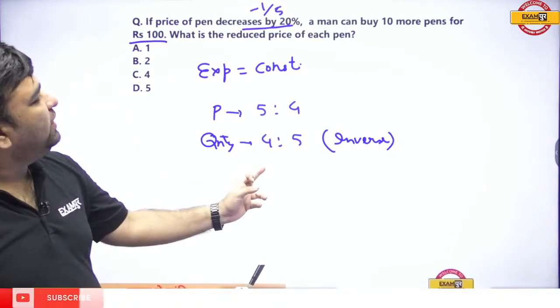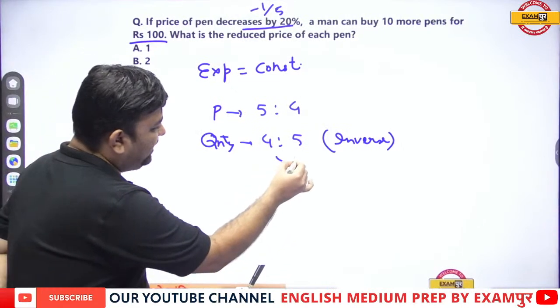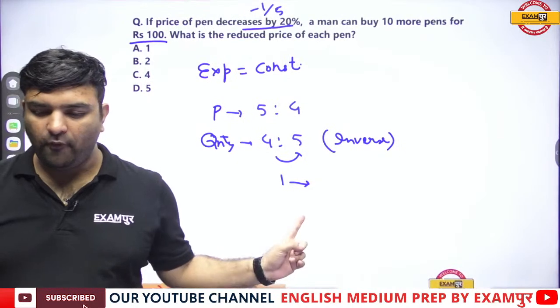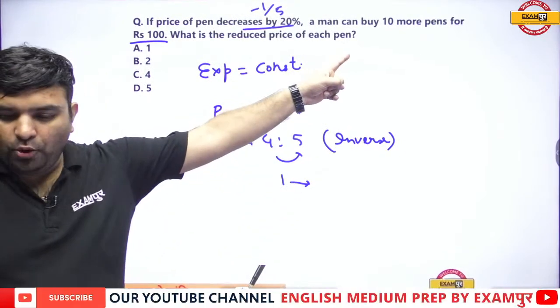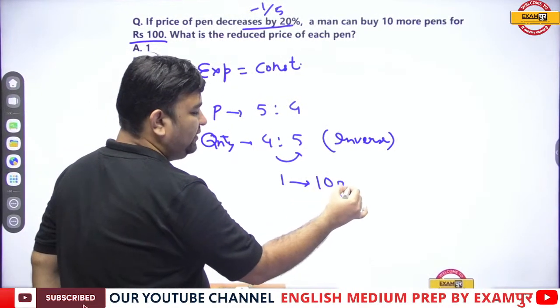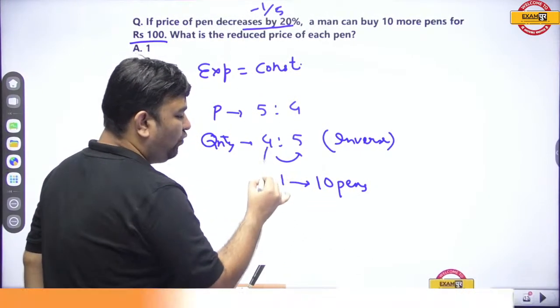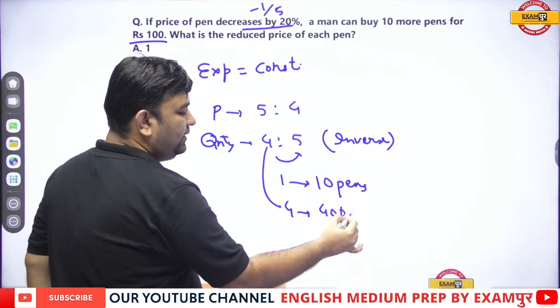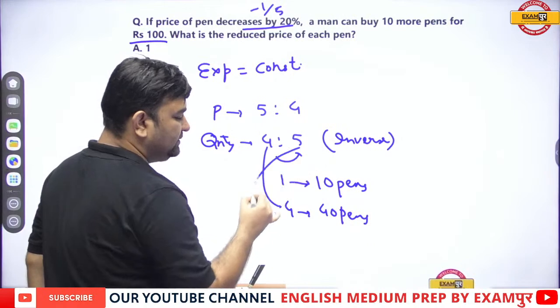According to the ratio, quantity is increasing by 1. Actually, it is 10 more pens. So 1 is equal to 10 pens, 4 is equal to 40 pens, and 5 is equal to 50 pens.